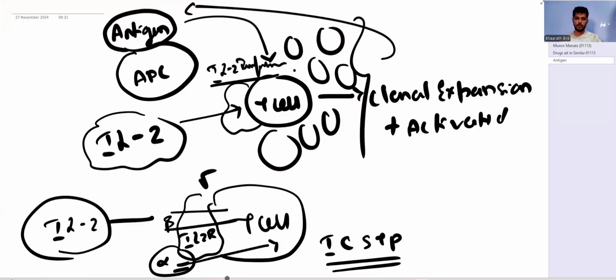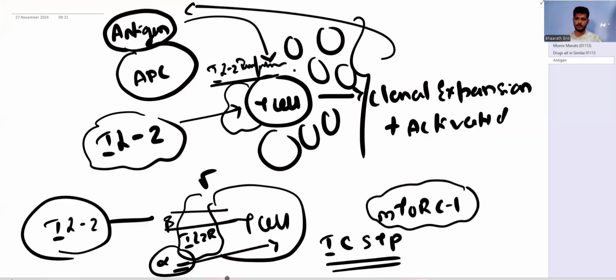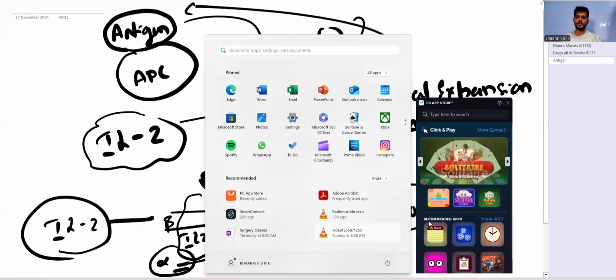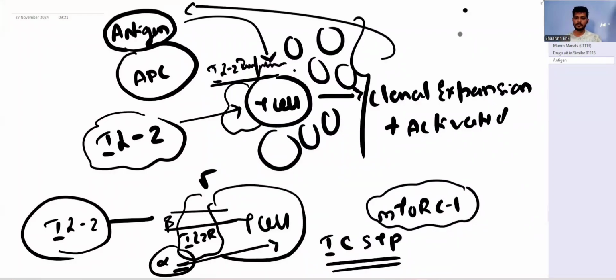And one of the most important components of this intracellular signal transduction pathway is mTOR complex 1. We'll come to this later, but just remember as of now that one of the important signal transduction pathways, mTOR complex 1, will transmit it to the nucleus. And now this nucleus senses that the T cell needs to undergo clonal proliferation and activation.